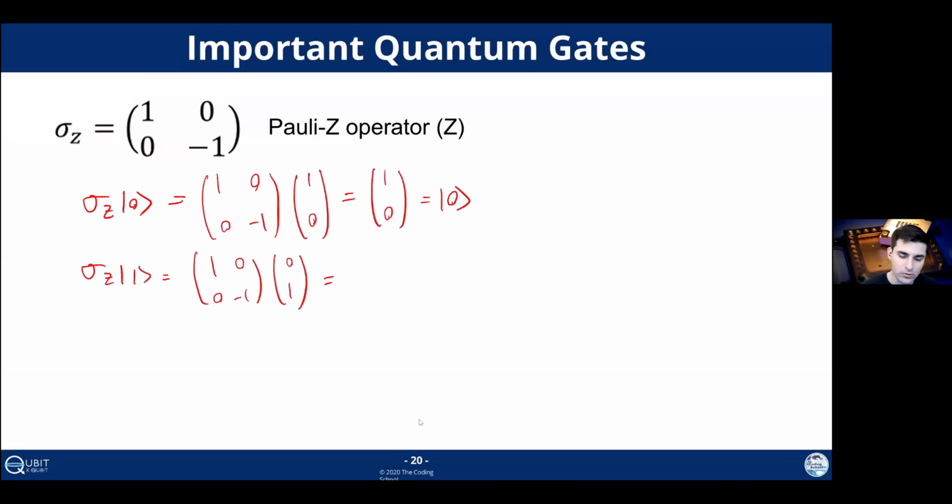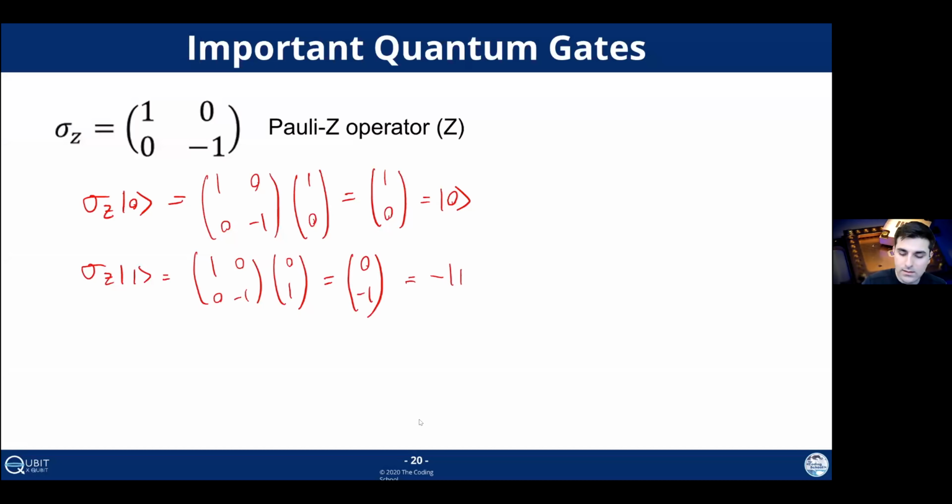I think we have a majority. So of course here what we're going to get is 0 minus 1, which I can show as minus 1 state. Now, if you look at this immediately, you might think this negative 1 in front of my 1 state is just a global phase, so it can be ignored, and that's true. But if you have any superposition of 0 and 1, then that phase will become a relative phase. So let's just keep it there for now.